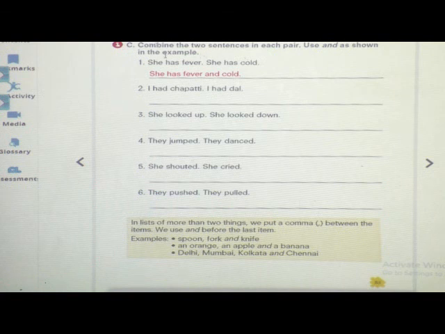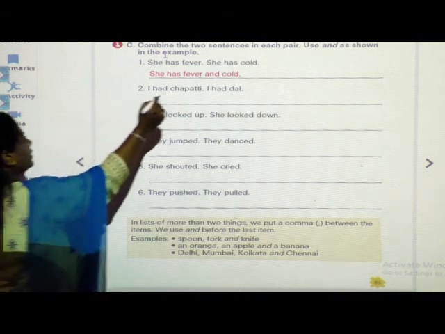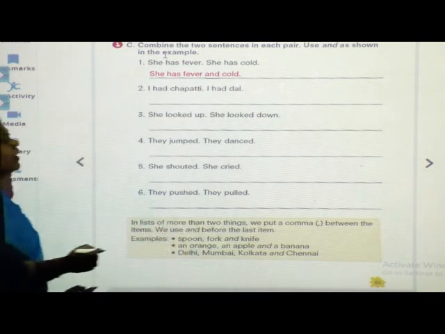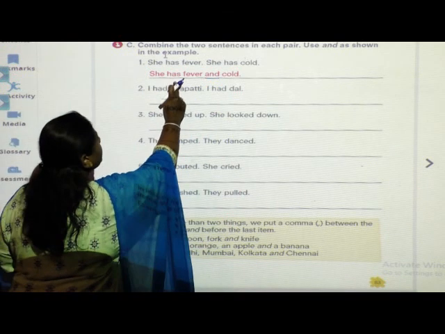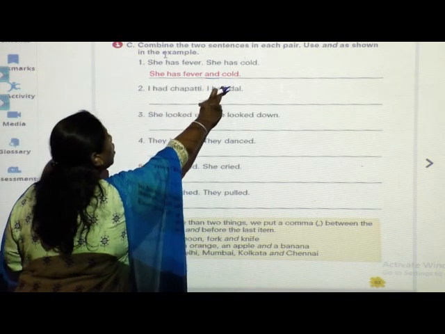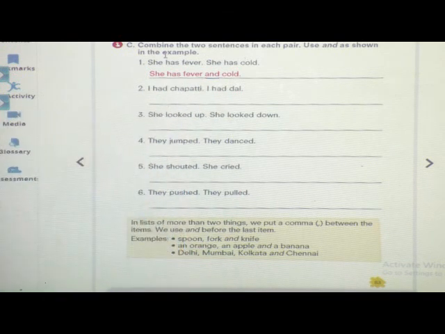To complete this sentence, here we have to use and. The first one is done for you. She has fever and cold.